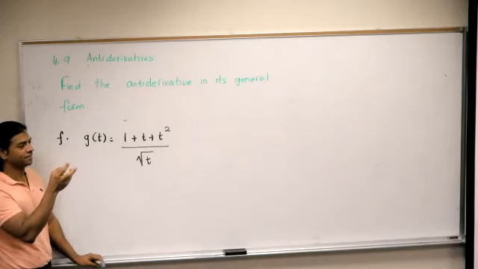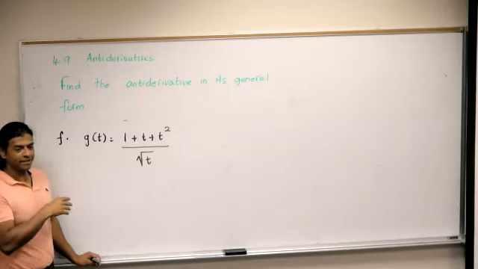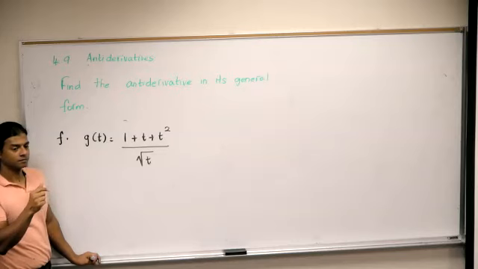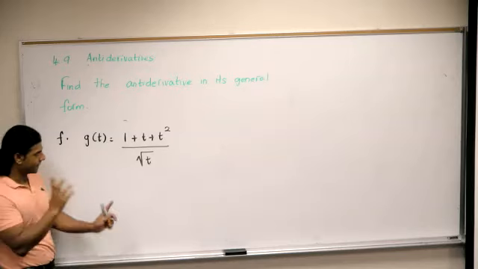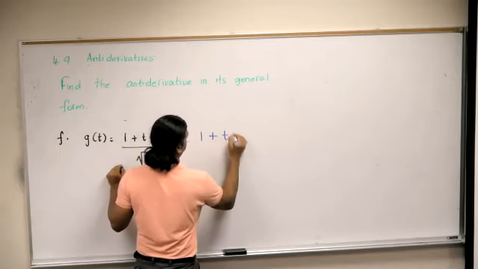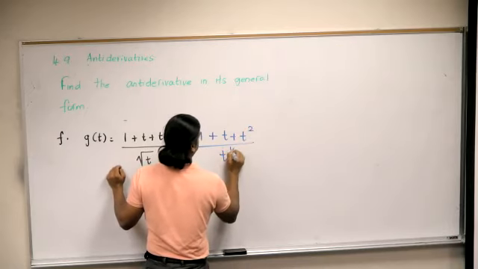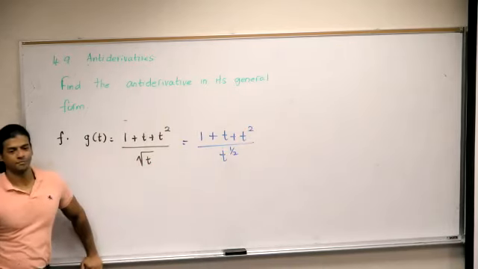Rewrite it how? So you choose the square root of t, and so t raised to 1/2. Okay, good start. What next?